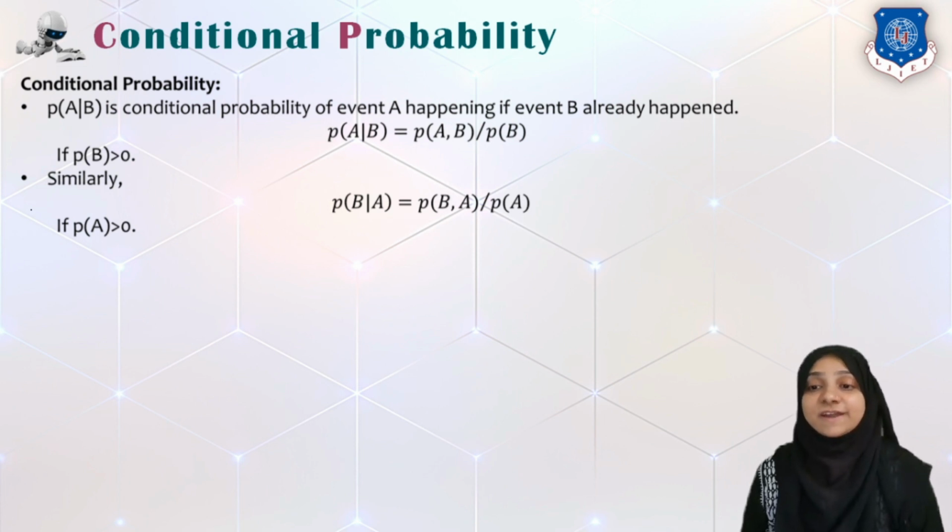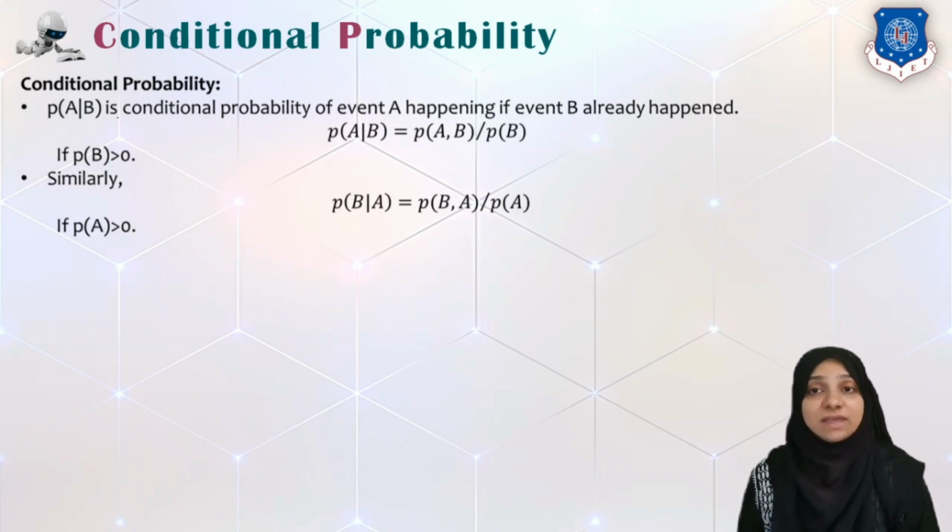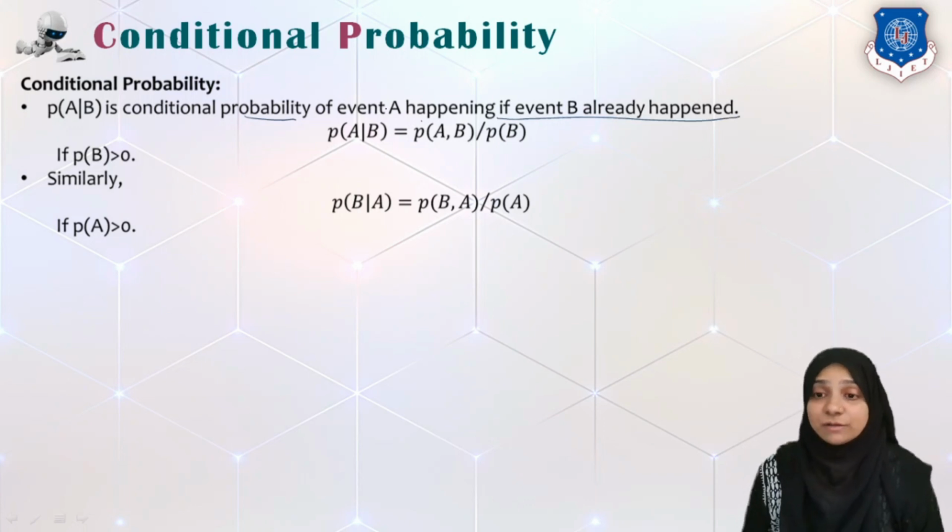Now let us understand conditional probability and how to find conditional probability for Bayes theorem. We know that A given B is called conditional probability, that event A is happening provided that event B has already happened. So as I said, towards the right hand side of the bar, the event has already happened, and the left hand side is the event which is going to happen.